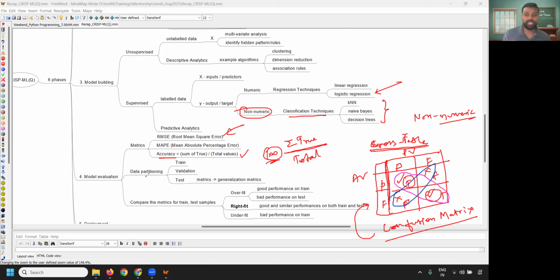But what else can we see or what else do we use from this confusion matrix? Anil, come on. Confusion matrix. What other things will we see? I need to look once. A long back, I looked at one.